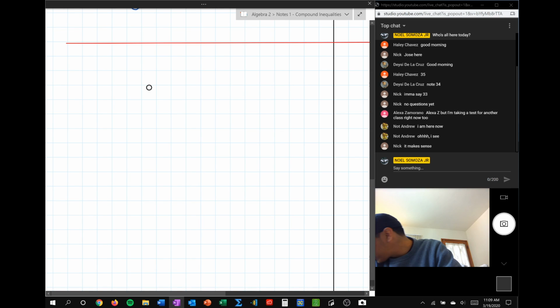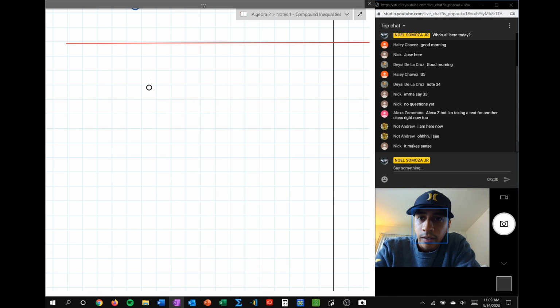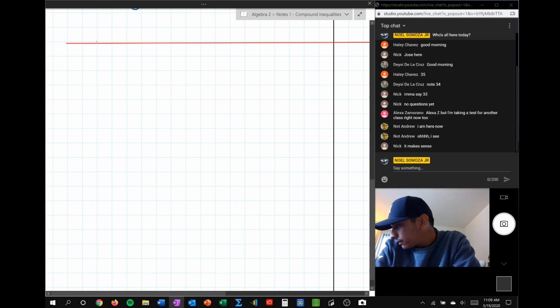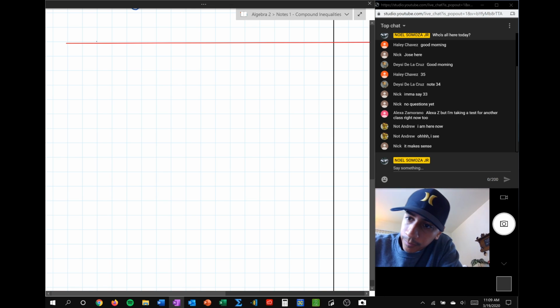Okay, so let's try something else here. Other things that are unique about imaginary numbers. Let's take a look at example 5.